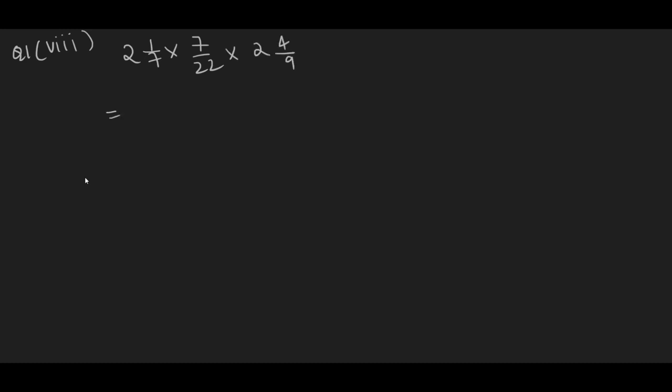So 7 2s are 14, 14 plus 1 is 15. So 15 upon 7 into 7 upon 22 into 9 2s are 18 plus 4 is 22 upon 9. So 7 is cancelled by 7, 22 is cancelled by 22. You have 3 5s are 15, 3 3s are 9. So the answer is 5 upon 3.